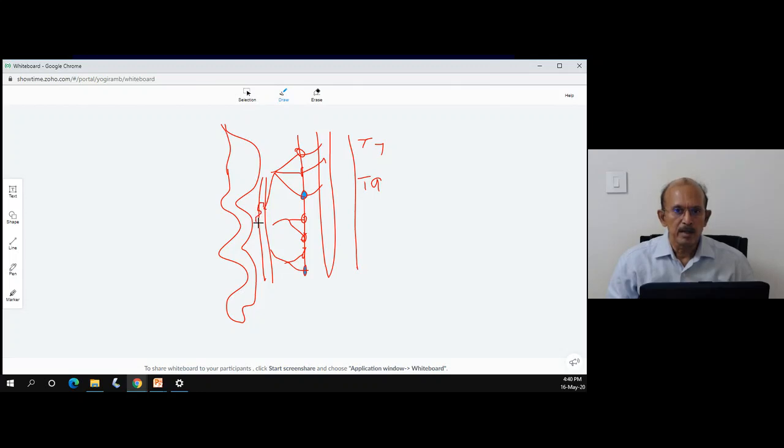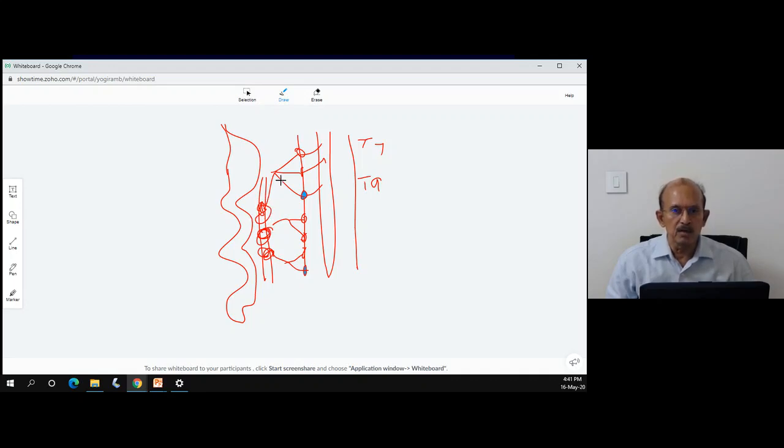In front of the aorta, there is a plexus around the celiac artery. That is called the celiac plexus. Around the superior mesenteric artery, there is a plexus called the superior mesenteric plexus. Around the inferior mesenteric artery, there is a plexus called the inferior mesenteric plexus. These are the three main vessels which supply the gut: celiac artery, superior mesenteric artery, inferior mesenteric artery. Please remember that.